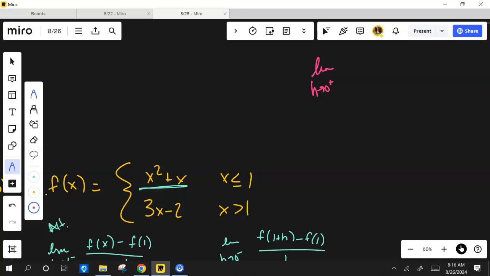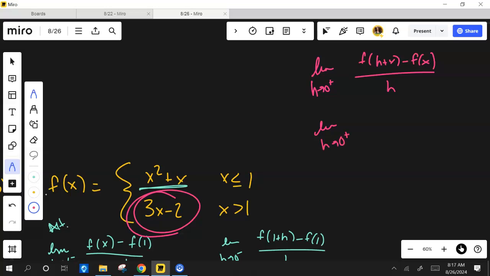From the right, that means I'm using this one. So f of h plus x minus f of x. I have to write it to see it. It was down here, I guess. But thank you, Sylvan. 3 h plus x minus 2.